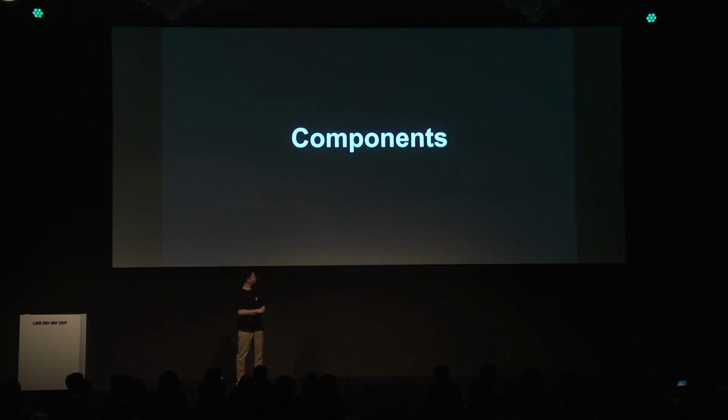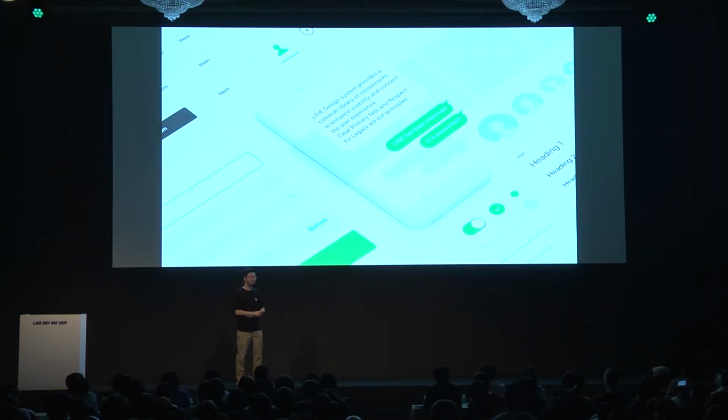So the next part is components. What you can feel in this process is that we started from principle, and we went to color and iconographies, and now it is components. I recommend you do it this way, because going from the foundation level to the practical level can always have good results.